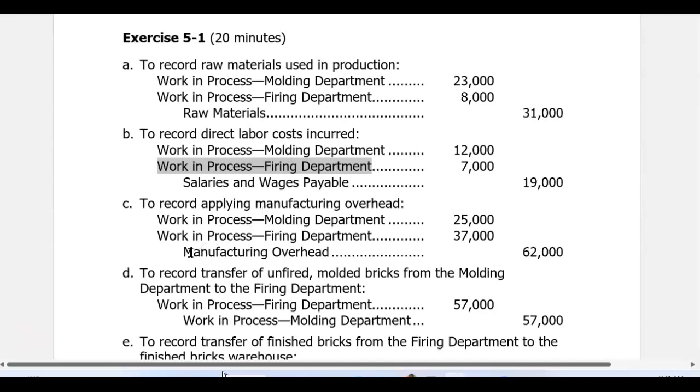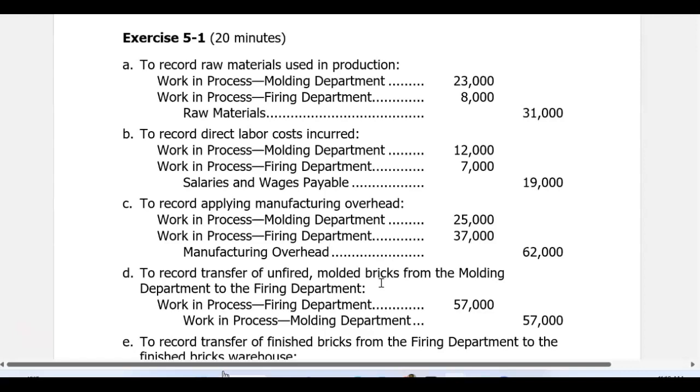We're going to credit manufacturing overhead for $62,000, and based on the cost driver, you apply a portion of it into work in process department 1 and a portion into work in process department 2. Okay, so far we have raw materials, direct labor, and overhead. Those are 3 things that you need to produce something, right?